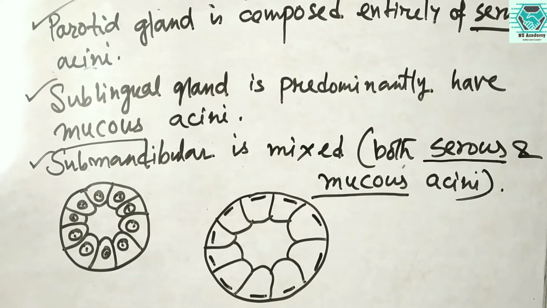The serous acini secrete serous fluid, which is watery in nature, whereas the mucous acini cells secrete mucus, which is slippery in nature. As saliva is the mixture from all the glands, the texture of saliva is not watery or slippery. It is a mixed kind of texture.